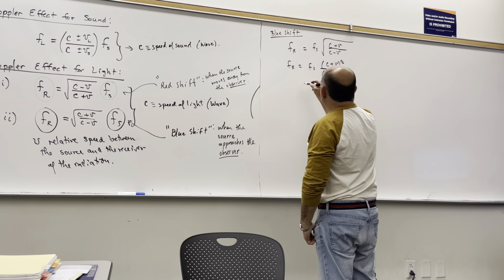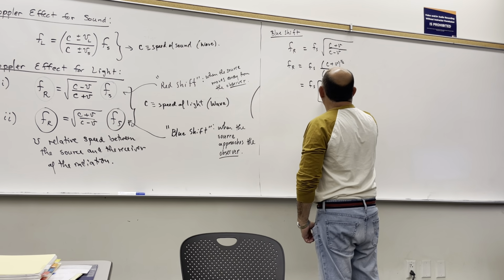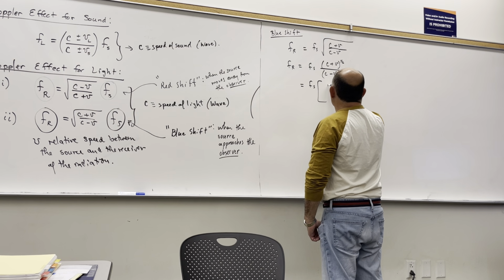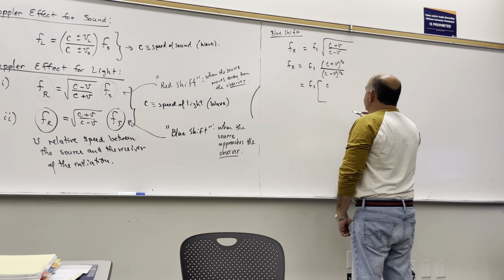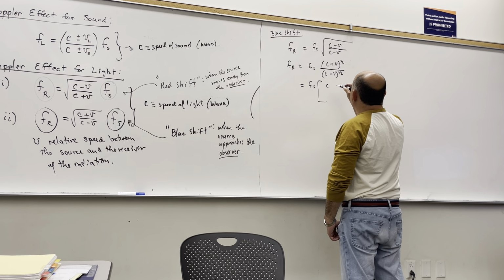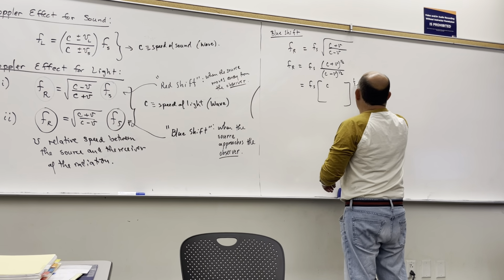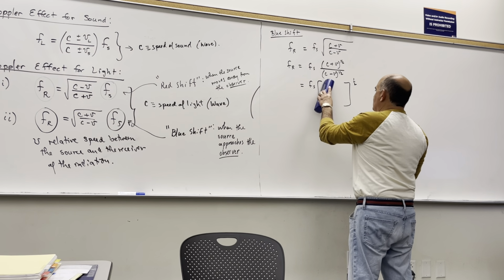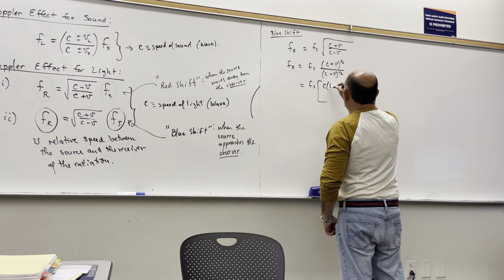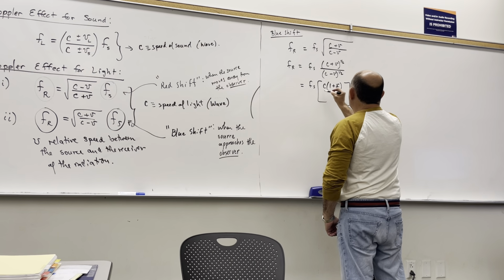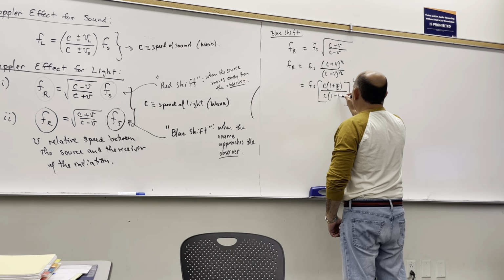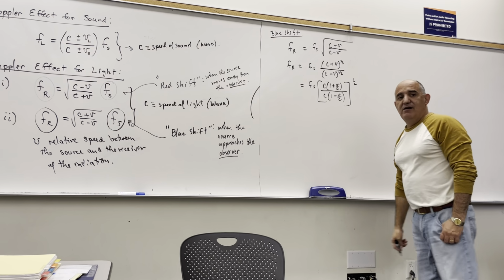And I can factor out a c. So I'll say this is c. And then, well, I have a 1/2 and a 1/2, right? So how about I do this? c, and then I have 1 plus v over c, and c, and this is 1 minus v over c. Correct?